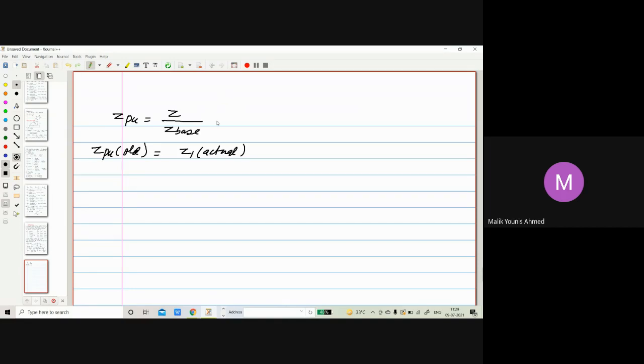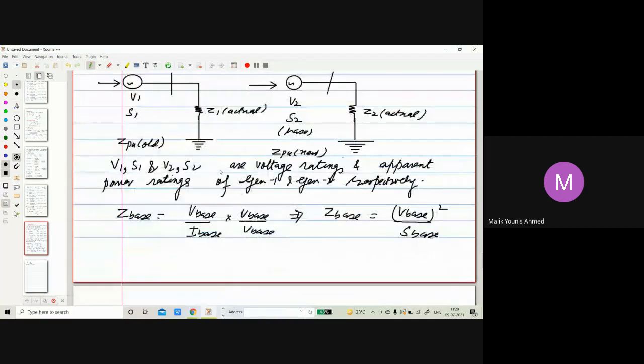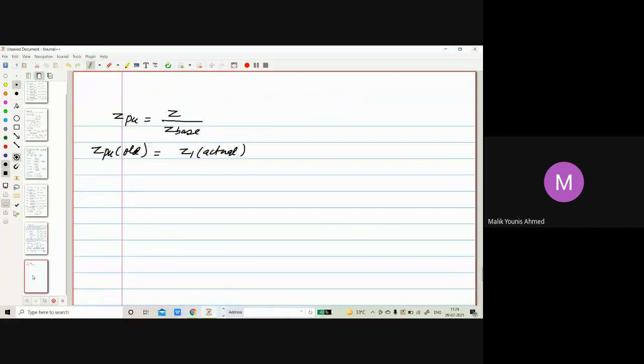You can see in the diagram here. Here, see, Z1 is the actual and Z2 is actual for the second one. Okay. So Z per unit old will be Z1 actual divided by the base value of Z1.